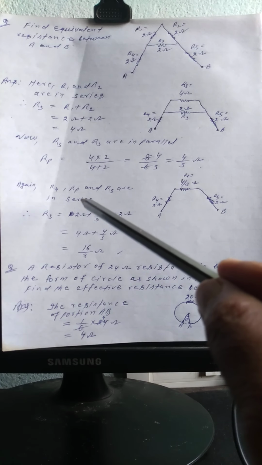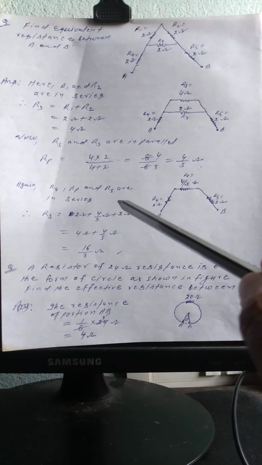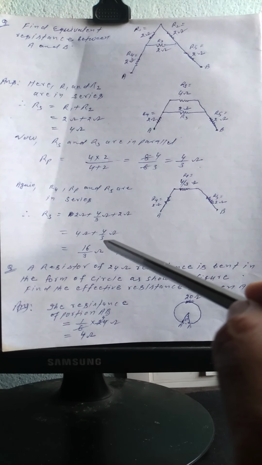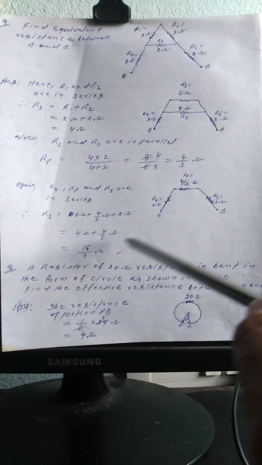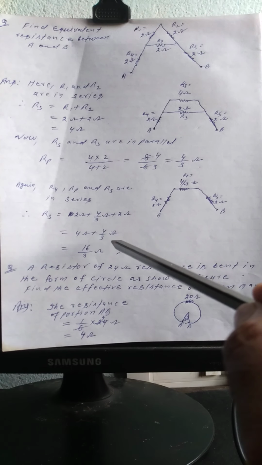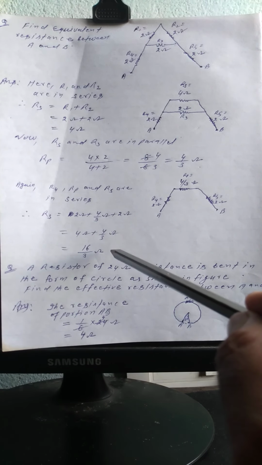Now R4, Rp and Rs are in series, therefore 4 plus 4 by 3 ohm, that is 16 by 3 ohm. So these three resistors will be in series, so the equivalent resistance is equal to 16 by 3 ohm.